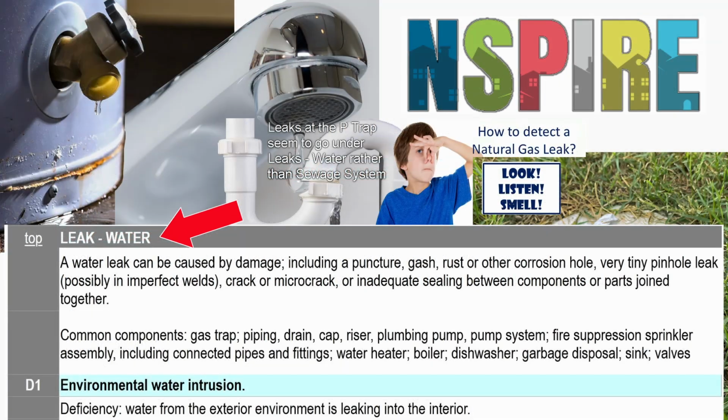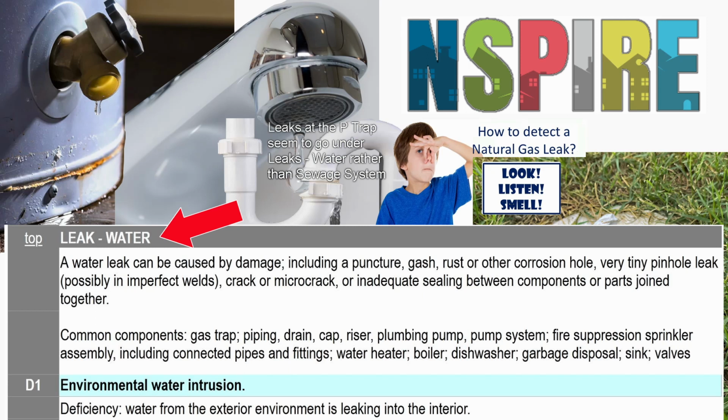Leak water. A water leak can be caused by damage, including a puncture, gash, rust or other corrosion, a hole, a tiny pinhole leak, possibly in imperfect welds, a crack or microcrack, or inadequate sealing between compounds or parts joined together.